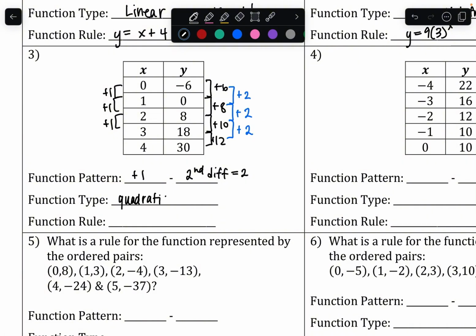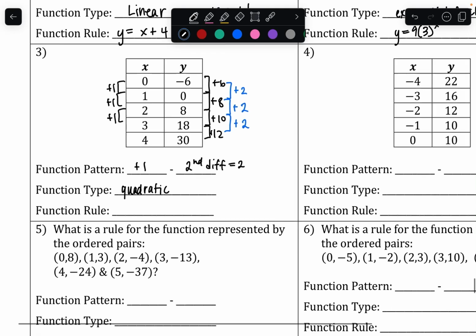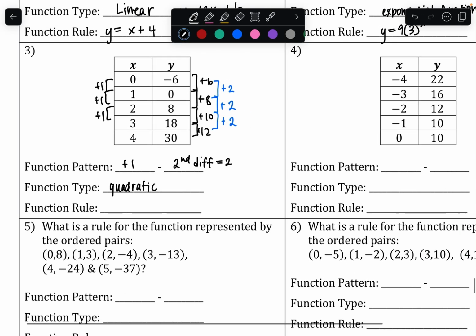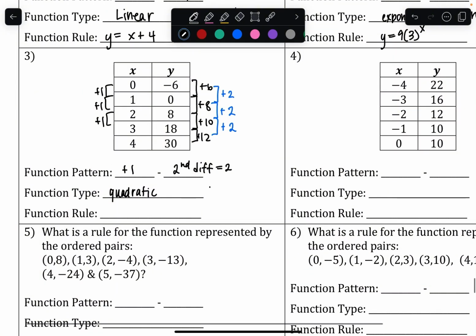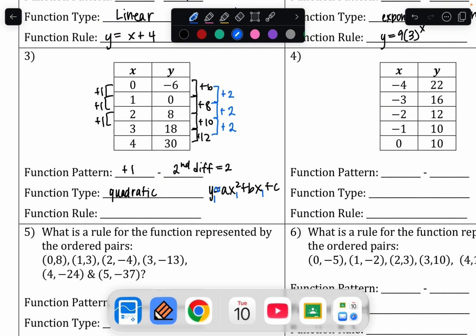And we don't have an easy way to write the quadratic equation from these points. So that's where Desmos is going to be really helpful. We want ax squared plus bx plus c. So when you type this in Desmos, you put 1s on the y's and the x's, and you change your equal sign to a tilde. Okay, this works for any function type.